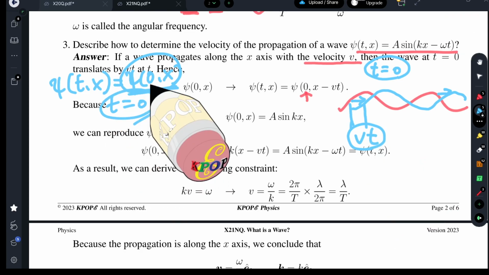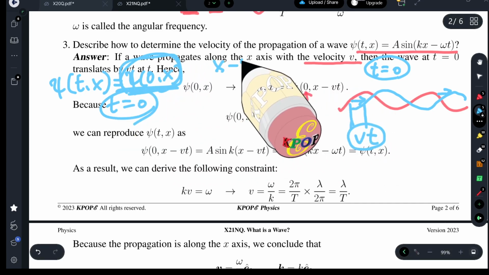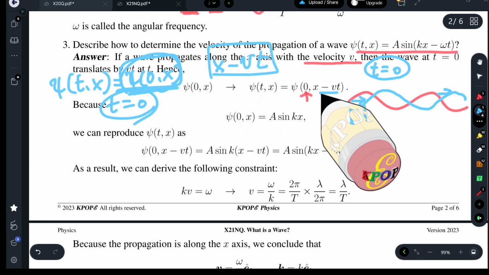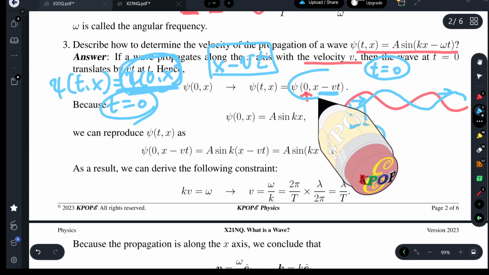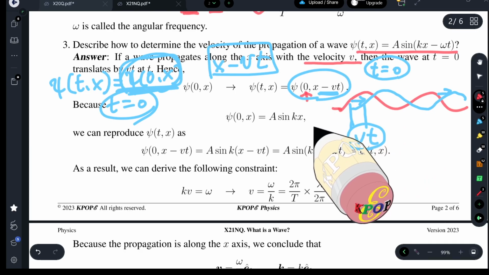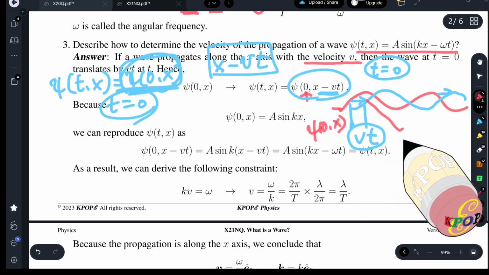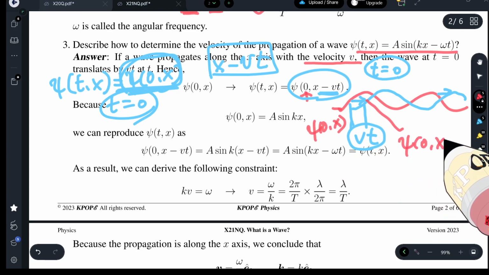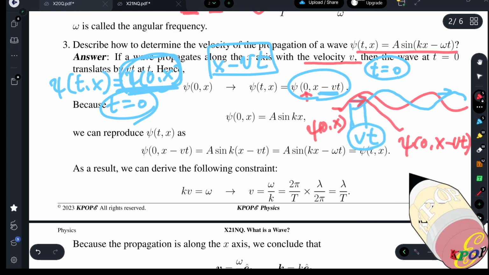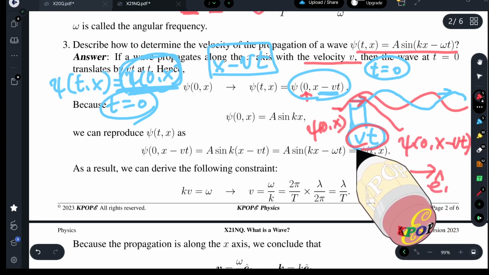So what we have to do is substitute x minus vt. This is psi 0 of x minus vt, translated along the positive x direction by vt.